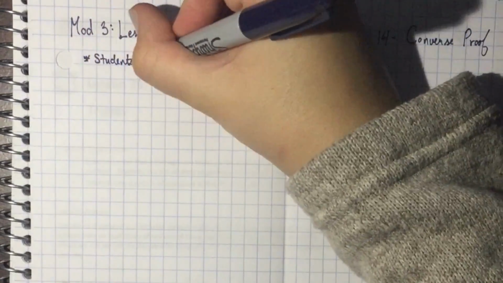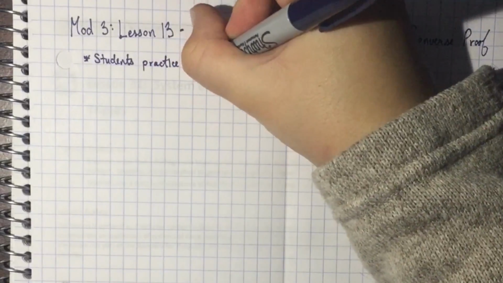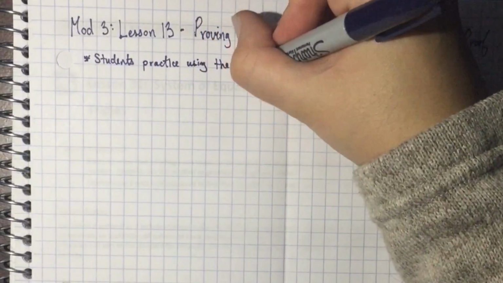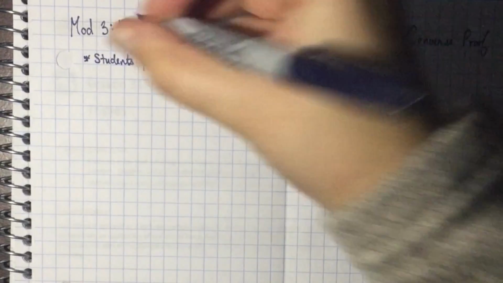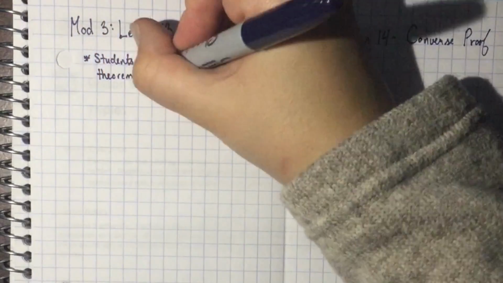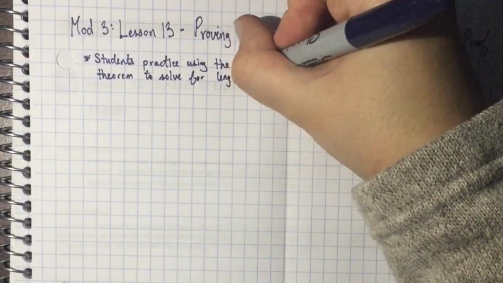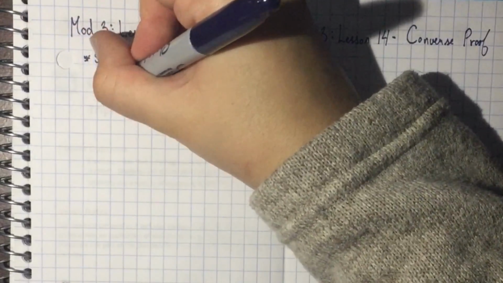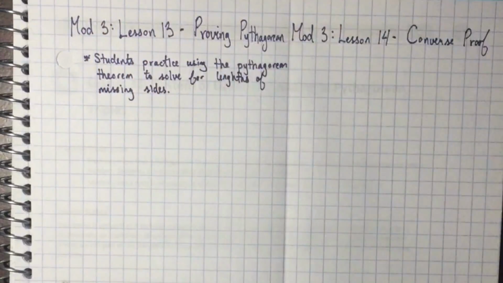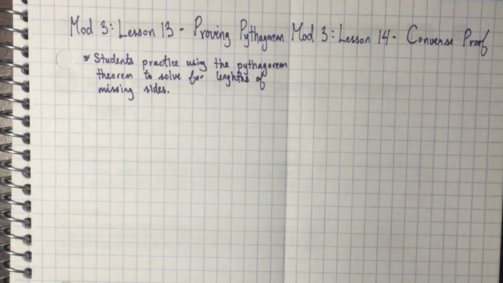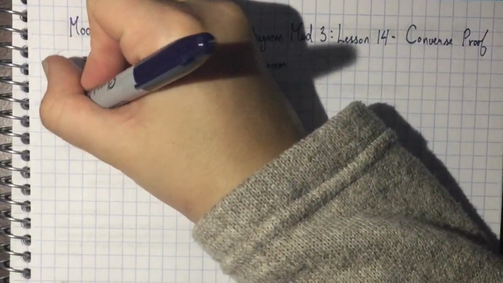has an objective that says students practice using the Pythagorean theorem to solve for lengths of missing sides. And so this is going to be a proof by right triangle and similarity.